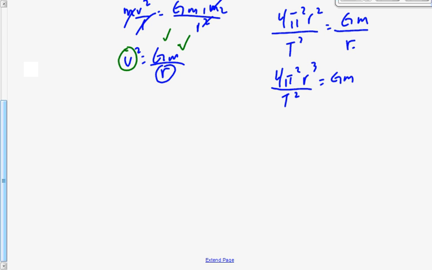Let's get R cubed by itself right now. Okay, the T squared goes up by multiplying. The 4 pi squared goes down by dividing. Oh boy, let's hope we don't get a question like this on the test. How do you find R? The cube root.